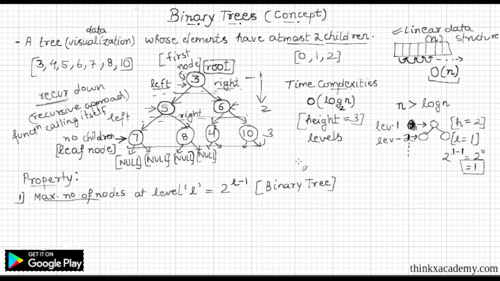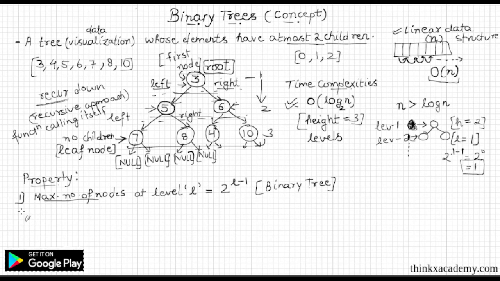The main use of a binary tree is that it is very useful in improving the time complexity of certain operations like searching and insertion, etc. So they are better than these linear data structures. They are also an advancement in data structures.